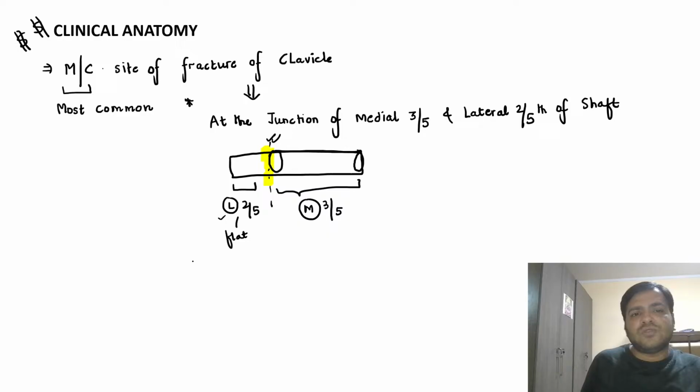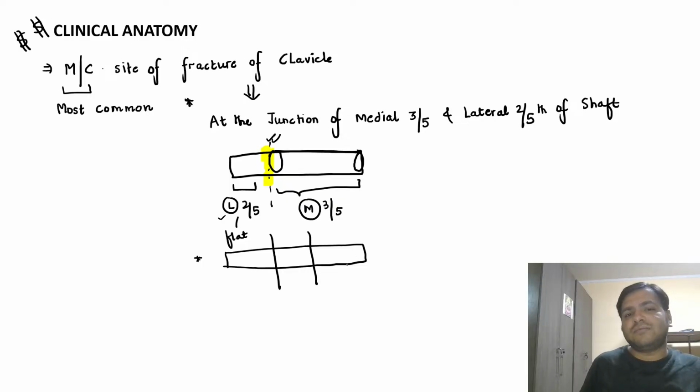Apart from that, another time the question has been asked: suppose this is a clavicle, and if the clavicle is divided into three parts, we have the proximal 1/3, the middle 1/3, and the lateral 1/3.